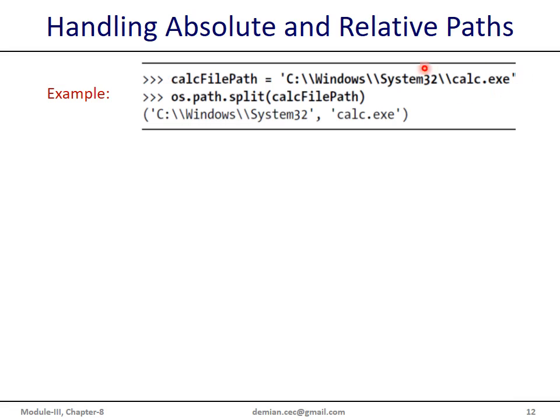This is the path of calc.exe, and if we use the split method of os.path with that complete path as the argument, it returns a tuple with the directory name and the base name.